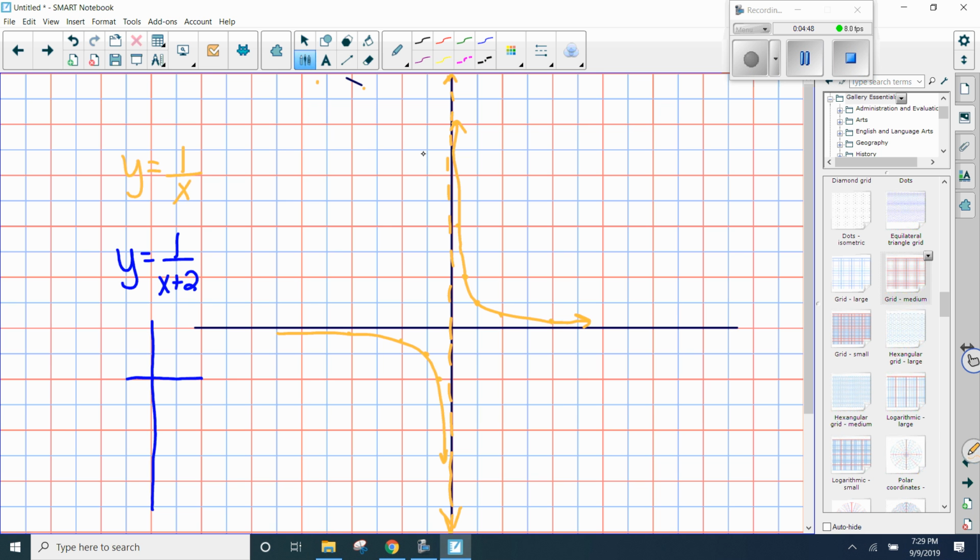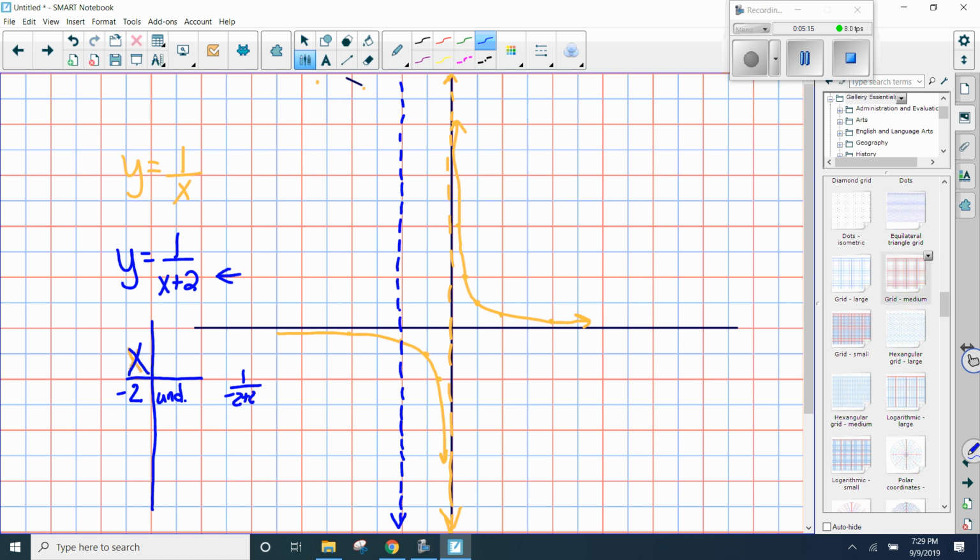That gets shifted 2 places over as well, because if you look at the second equation here, the one you were actually looking for the graph of, if x is -2, when you put that into this equation, you're going to get 1 over -2 plus 2, which is 1 over 0, and that is undefined. So at -2 is now where you get a vertical asymptote.